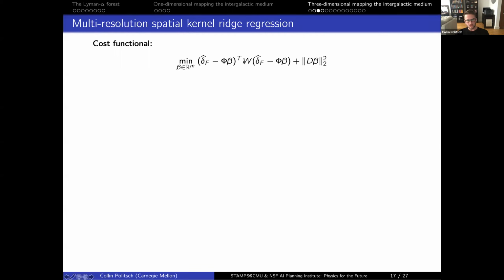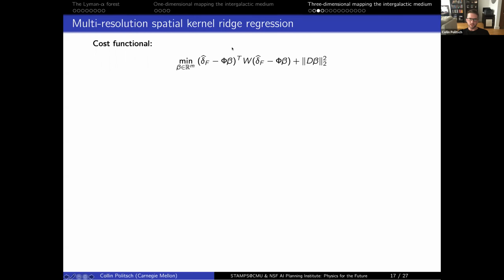We have some weighting matrix in the middle here, which I'm just gonna kind of hand wave, but it's the usual basic idea of down weighting observations due to their inverse variances, but also an extra little step there based on the variance of small scale structure, because we can't hope to map the intergalactic medium at full resolution. But yeah, feel free to ask me more about that later.